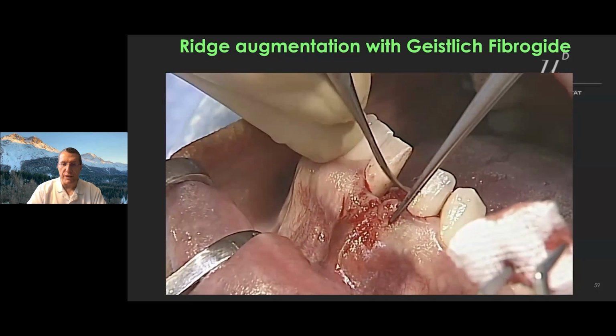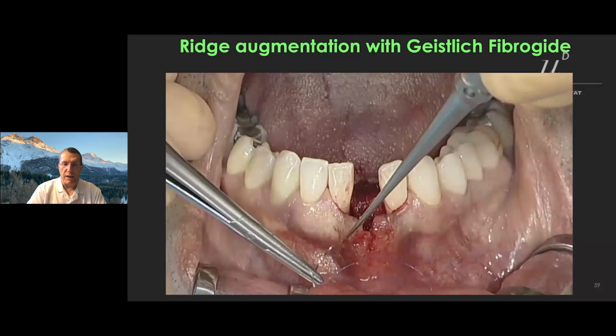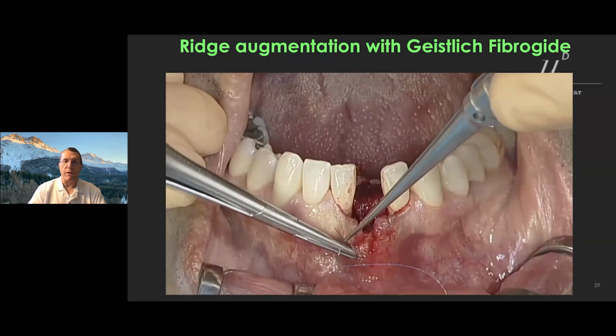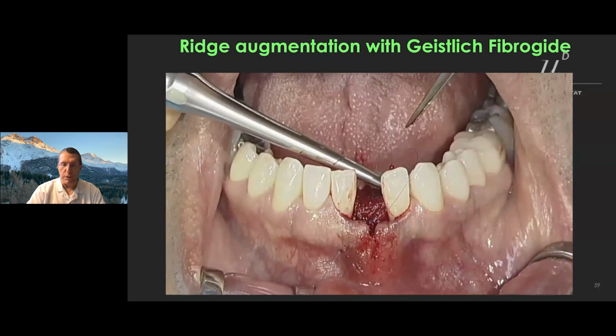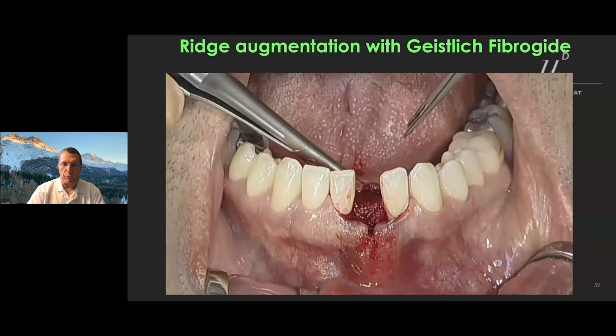And now the suturing technique is very important. So we cannot fix this material with pins. So what I do is to have a very deep cross horizontal matrix suture. And with this suture, I have two aims.